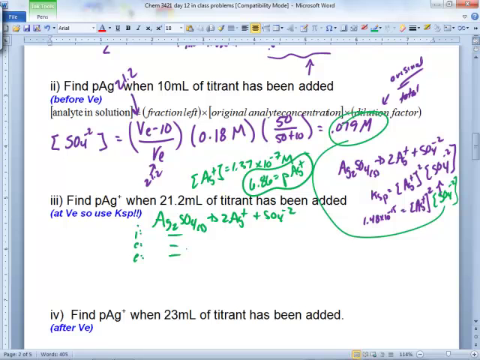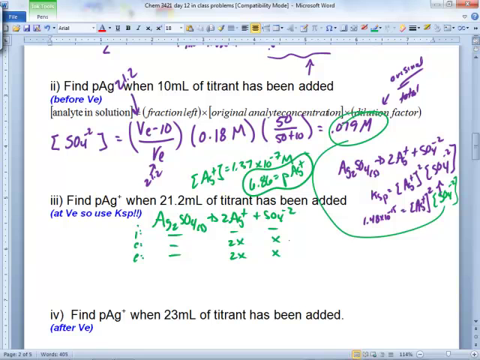Anything there initially? We're right at VE. That means there's nothing there initially. Every drop of silver ion reacted with the last drop of sulfate that was left. So nothing there. The change row, you'd put 2x and x.